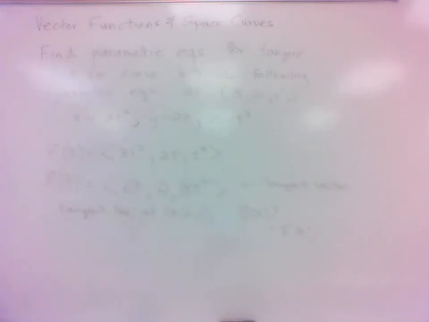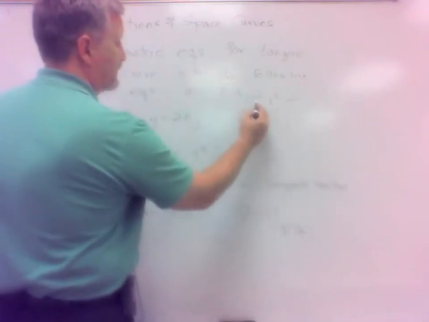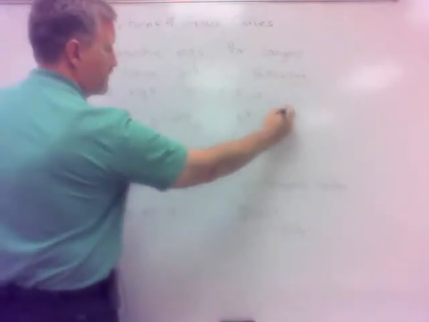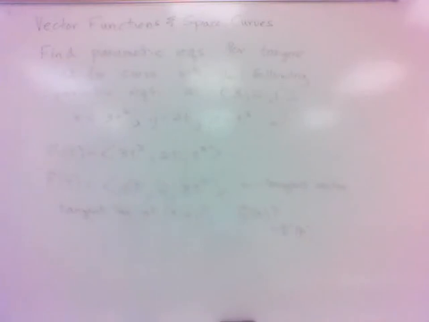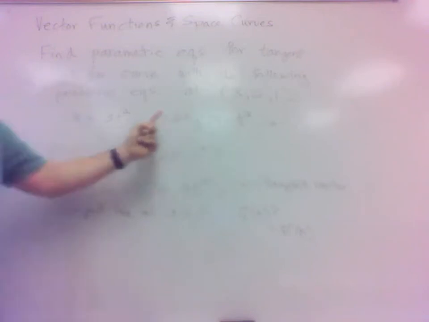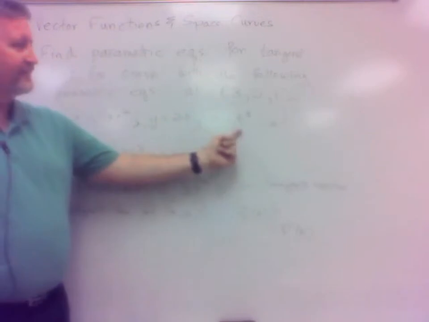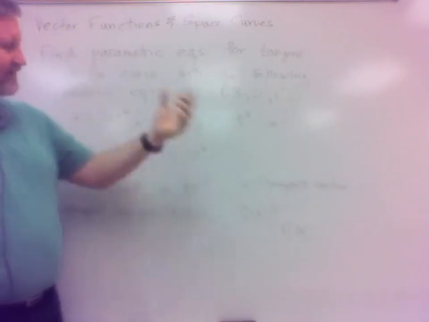We need to know the t-value, which is not provided. However, since x equals 3, y equals 2, z equals 1, we know those come from this equation. What t-value would give us that? There would be a couple that would give us x to be 3: we could do either 1 or -1. But these two kind of tell the tale, don't they?